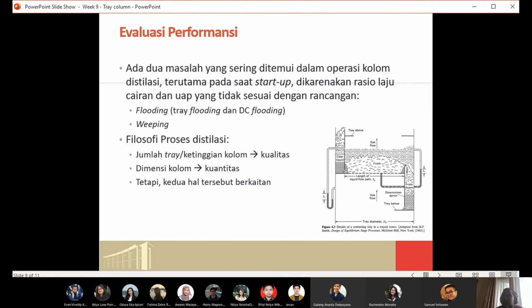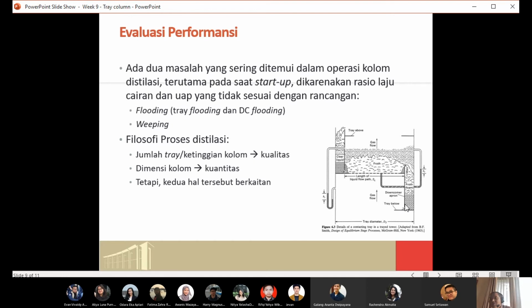or downcomer choke. Why is it downcomer choke? Because the downcomer's hole is too small. It's not able to flow all of the liquid, so there is an accumulation of liquid. That's why they call it choke. Downcomer choke, too small.